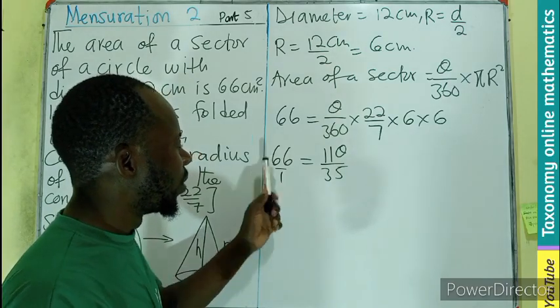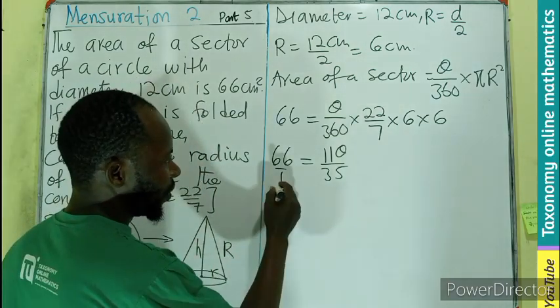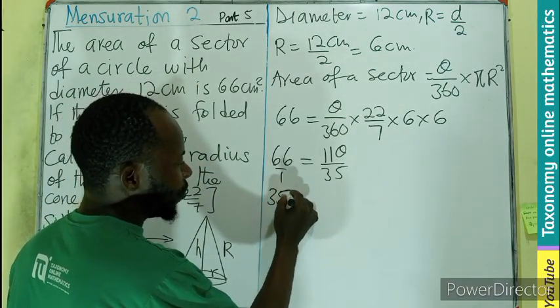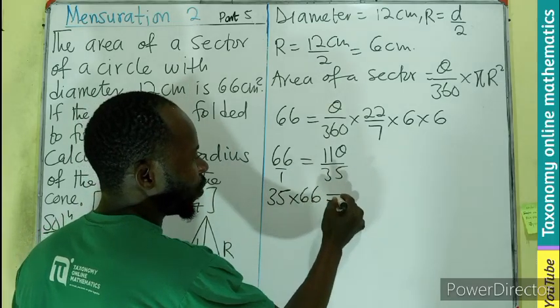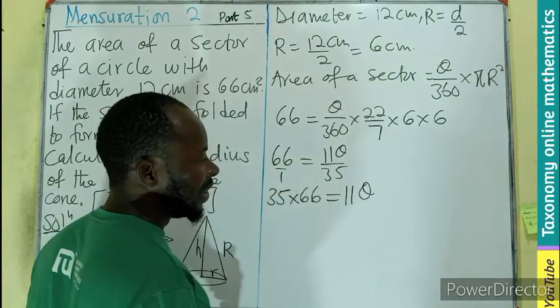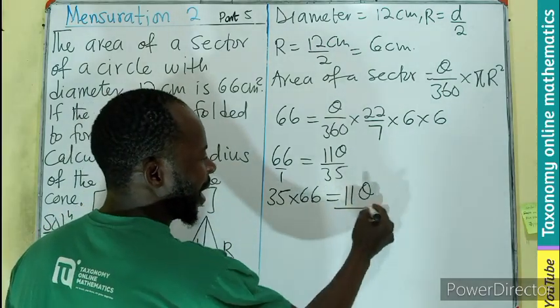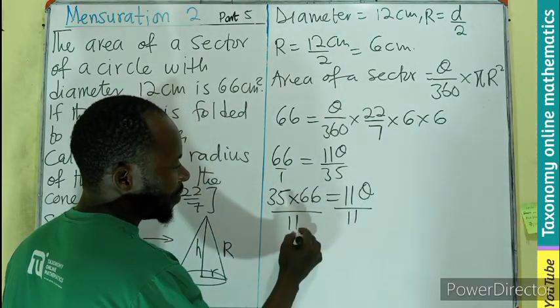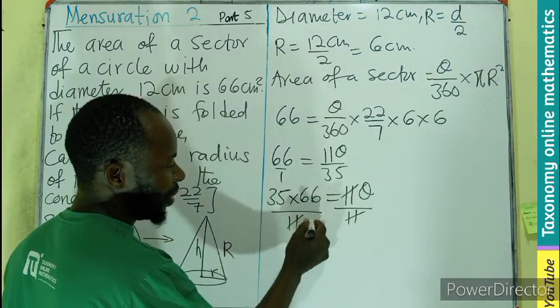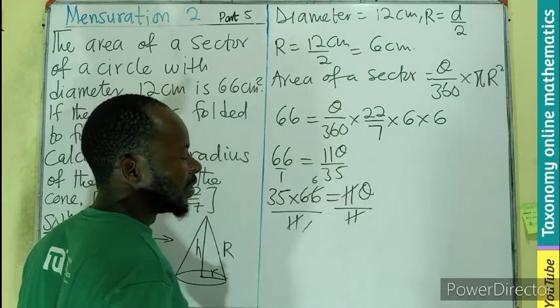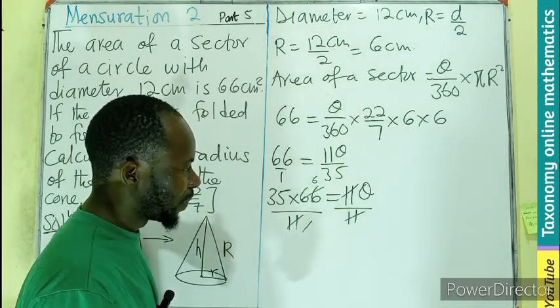So here we cross multiply to have 35 multiplying 66 equals 11 theta. Here we divide by 11 on both sides. This will cancel: 11 here gives 1, 11 here gives 6.